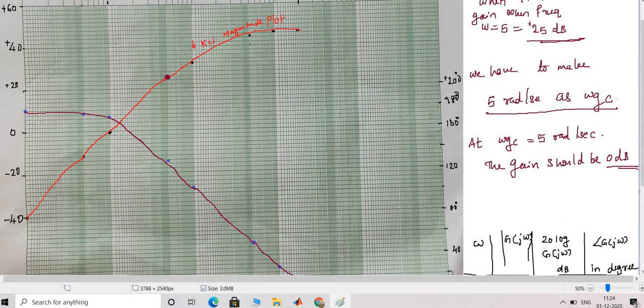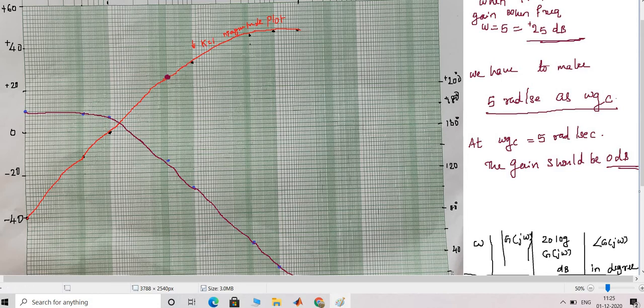In each of these points, you have to redraw by changing the magnitude plot. When omega gc is 5 radian per second, your gain should be 0 dB.